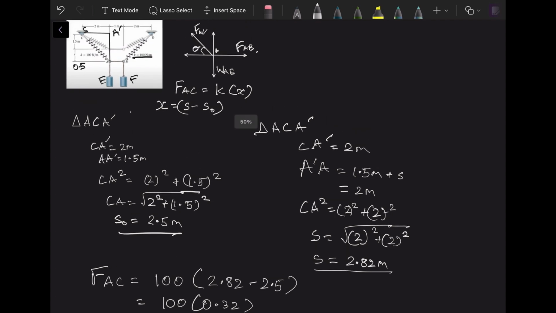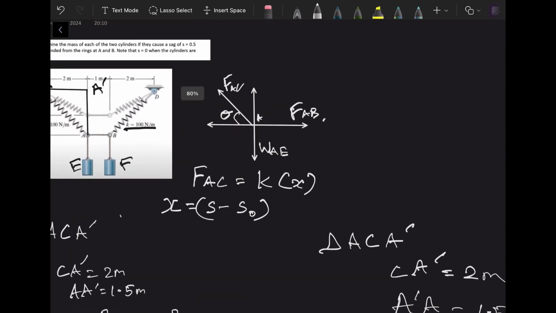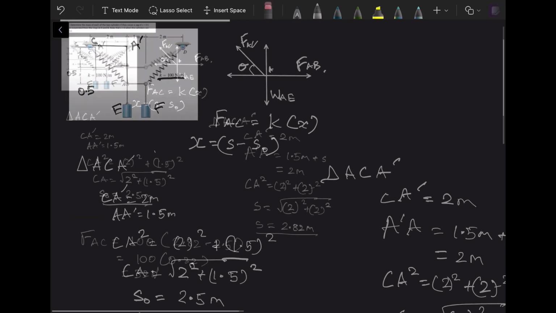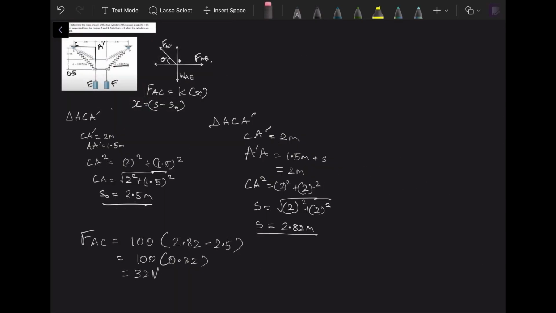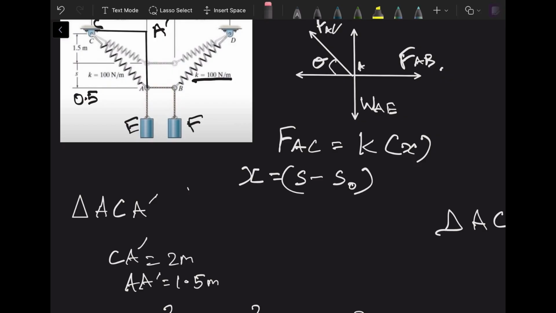Now to find our weight, we just have to sum up all the y components to 0. But before that we need to find theta. So how do we find theta? Going back to triangle ACA dash, this is theta.